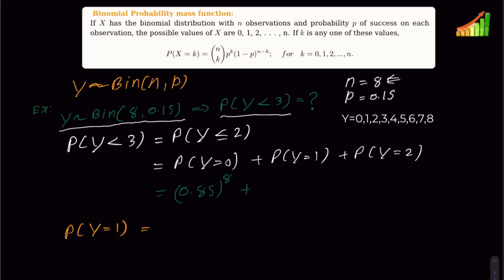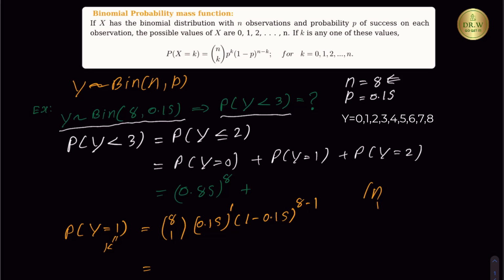Now we can find the probability of Y equals 1. How do we find this? Here k equals 1. So n choose k, with n equal to 8, k equal to 1, p equal to 0.15 to the power 1, then (1 minus 0.15) to the power n minus k, which is 7. So again you should know 8 choose 1. I explained this in my last video. n choose 1 is n, so here 8 choose 1 is 8.